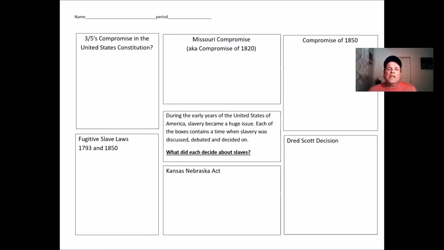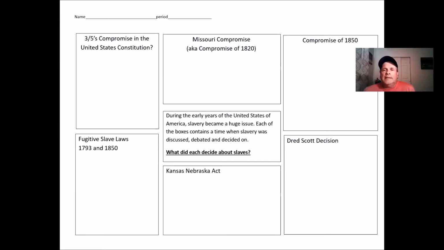All right, so I need you to look at this middle box part right here. So during the early years of the United States of America, slavery became a huge issue. Each of the boxes on this paper talks about a time when slavery was discussed, debated, and decided on. Now, some of these we've already talked about. So here's what I need you to do.